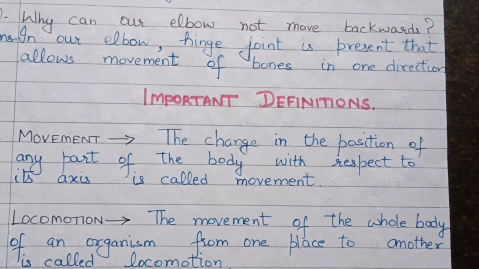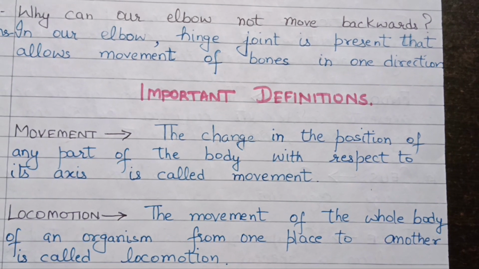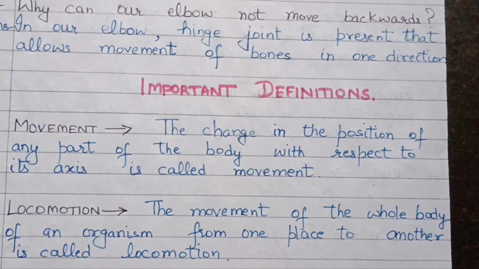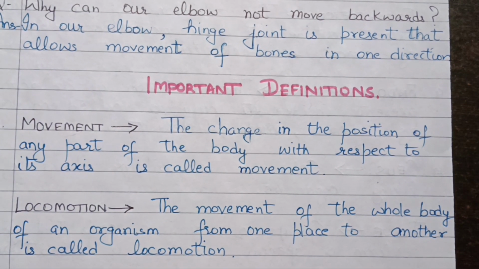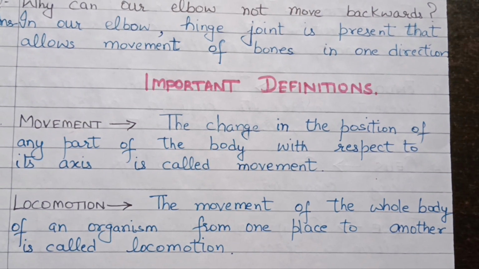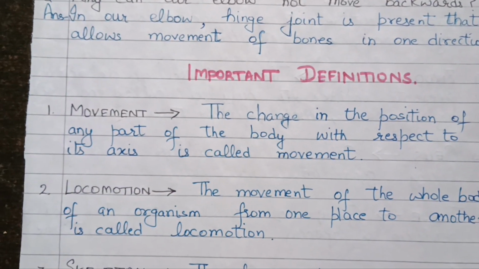The movement of the whole body of an organism from one place to another is called locomotion. So there is a difference between movement and locomotion. Movement means the movement of only one part of the body, and locomotion means movement of the whole body.